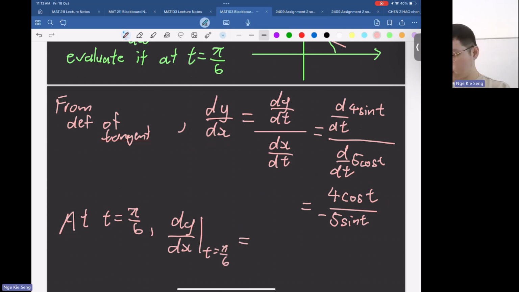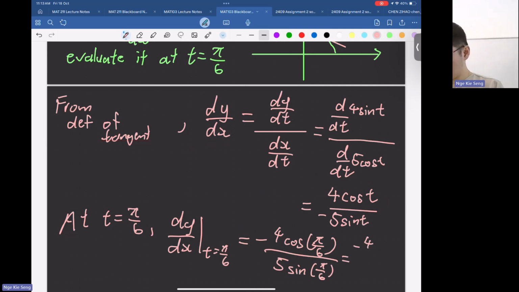So we simply evaluate it. So what is 4 cos pi over 6? What is 5 sin pi over 6 here? If you have a calculator or if you remember, this is 4 times square root 3 over 2, over 5 times half.